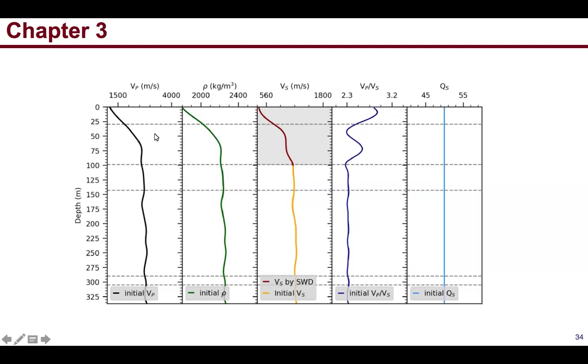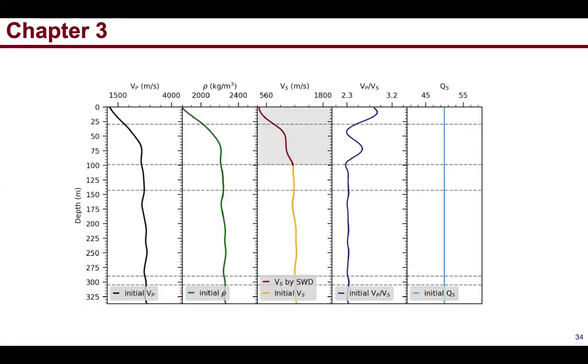For example, for VP and rho, we could build it based on the well log data with Gaussian smoothing. And with Gardner's rule, we generate the density initial model. For the VS initial model, we just used the inversion result of the previous dispersion curve inversion and built the initial model based on that.